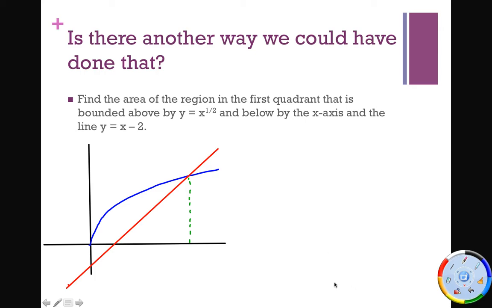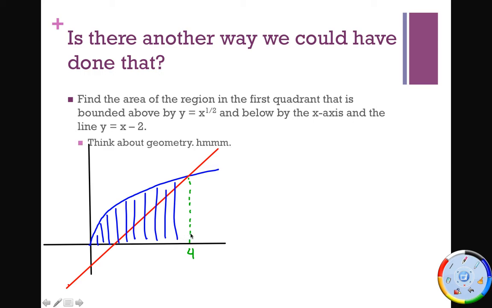And we know that this point was at 4. Well, maybe you saw this. If I was to find the area underneath this blue line, there was actually a subtraction that we could have done, and it had to do with geometry rather than calculus.